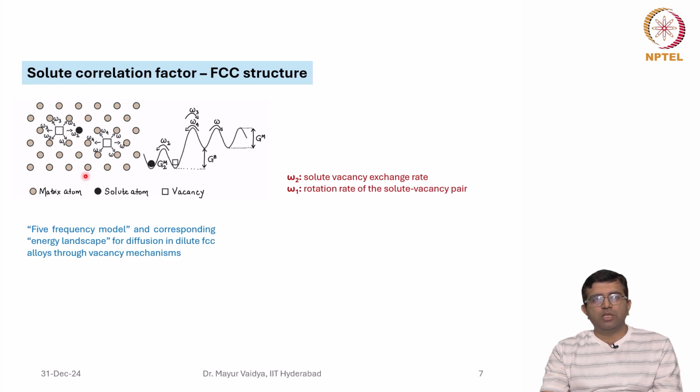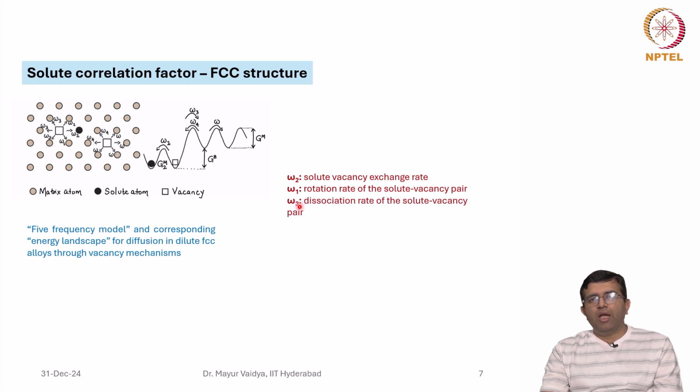This is how this pair rotates, which is given by omega 1. For example, if the vacancy comes here, what is meant by rotation? That means the vacancy is exchanging position with this atom here, which is the neighbor of the solute. So, it would look as if this pair has rotated. That rate is called omega 1.